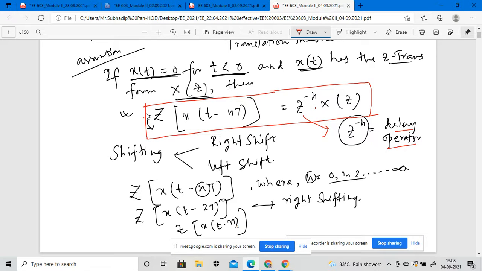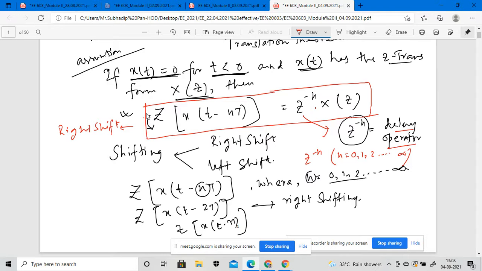How much delay are we considering? So z to the power minus n, where n varies again from 0, 1, 2 up to infinity, but it is for the right shift.